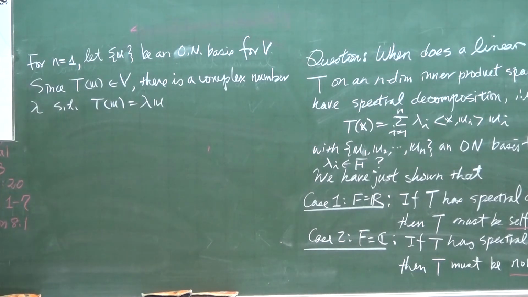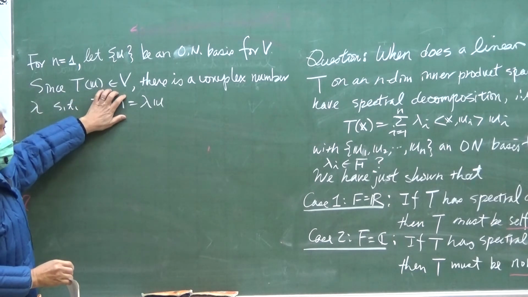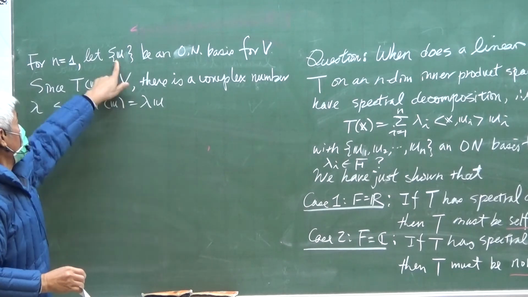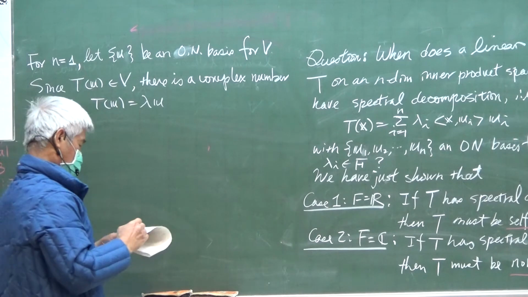Because it's one dimensional, the image should be a multiple of u, because it's the basis.